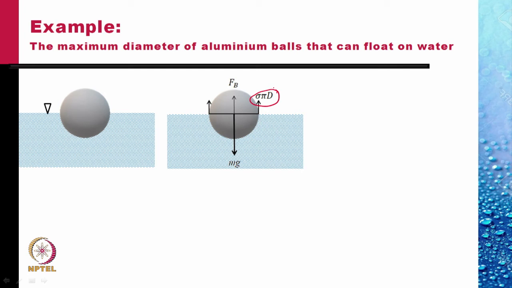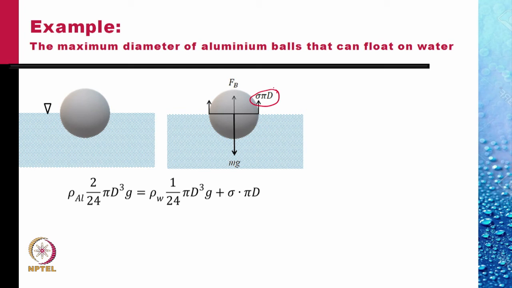If we put all the forces together, we get the weight should be equal to the buoyancy force upward plus the surface tension force upward. Unlike in the case of the bubble, there is only one interface here. So the length we have taken is pi d.